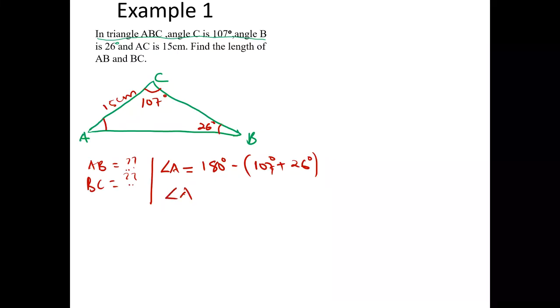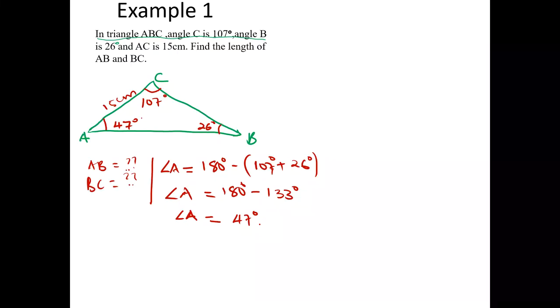It means angle A is equal to 180 degrees minus 133 degrees. The value of angle A is 47 degrees.